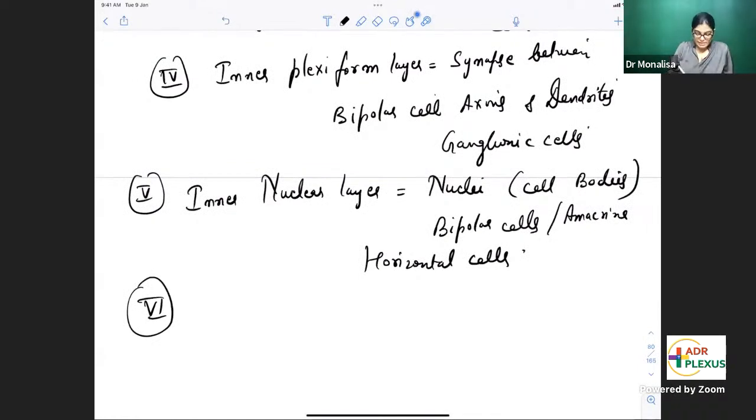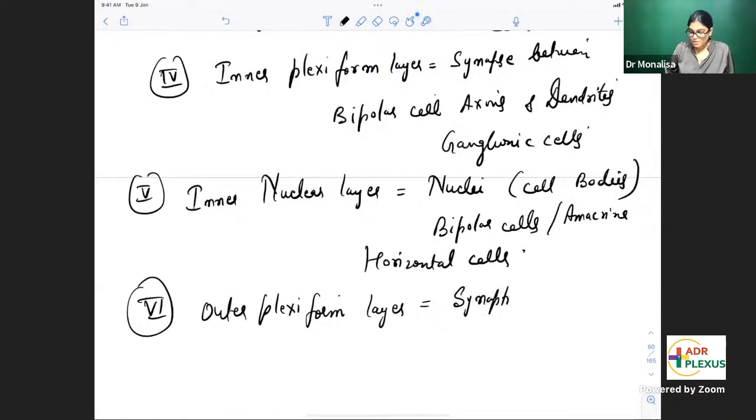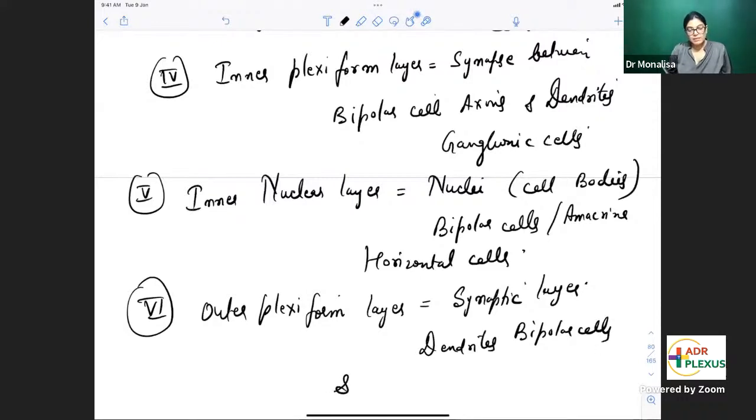The sixth layer is the outer plexiform layer, which has been asked in the MCQ. Outer plexiform layer, what do you mean by this? This is a synaptic layer, where the synapse is formed between the dendrites of bipolar cells and the rods and cones projection cells.